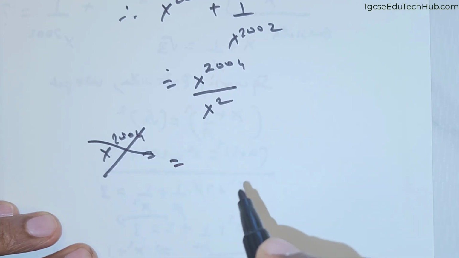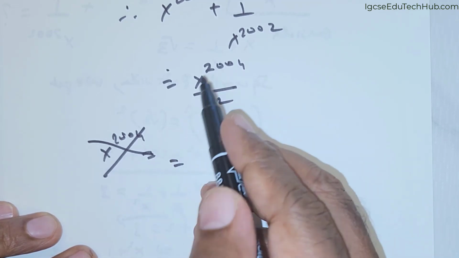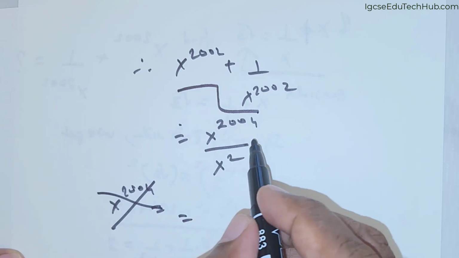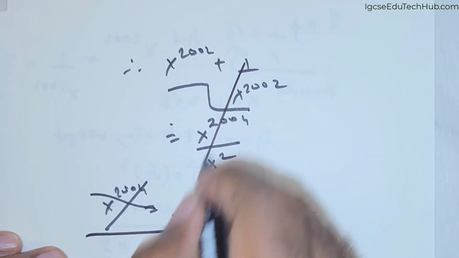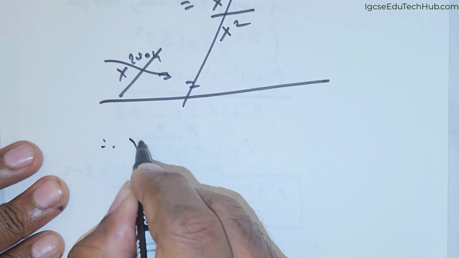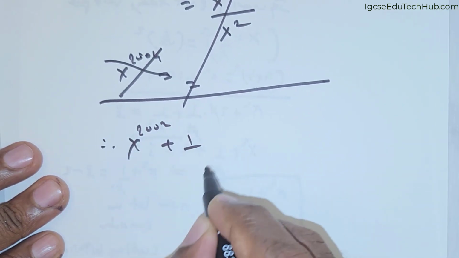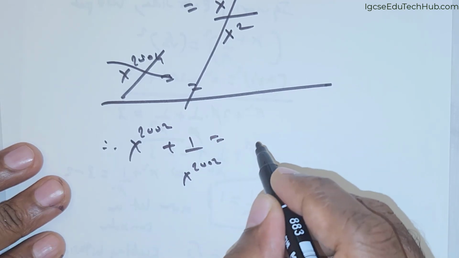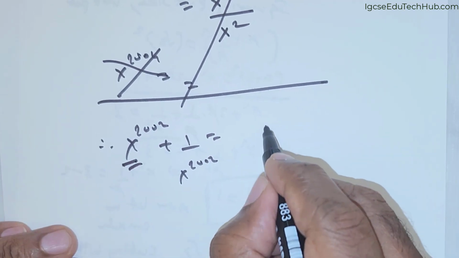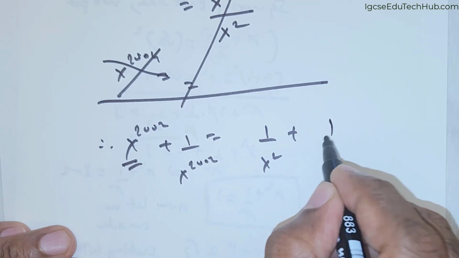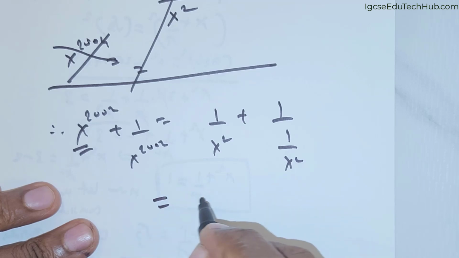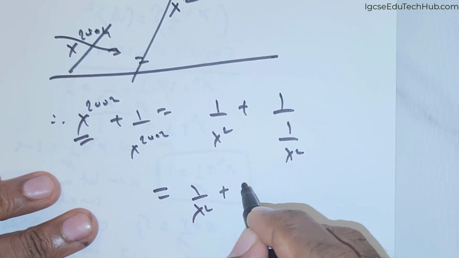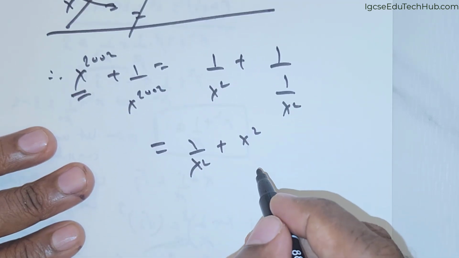So this is equal to, in fact I can bring the entire component directly, so instead of writing it like this, x raised to the power of 2002 plus 1 over x raised to the power of 2002 is equal to, in place of this it's going to be 1 over x squared, plus in place of this is going to be 1 over x squared. So you flip it, you get 1 over x squared plus x squared. This is what you're getting.